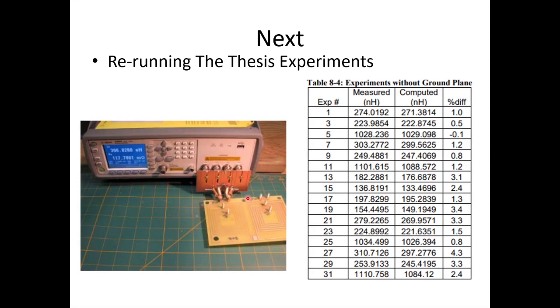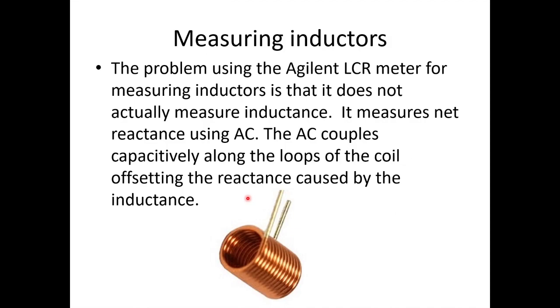Peace. Okay. So what we're going to talk about now is the next upcoming videos where we're going to remeasure the experiments I did on my thesis using a better method of measuring inductance rather than the Agilent LCR meter. The problem with the Agilent LCR meter is that it measures inductance using an AC signal.